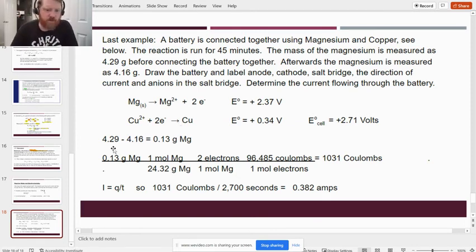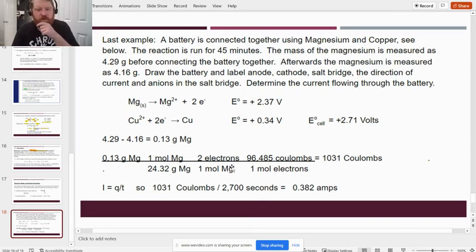So the magnesium goes from 4.29 to 4.14. We lose 0.13 grams of magnesium. We can do a little bit of fun stuff with that. We can say, well, 0.13 grams of magnesium. We know that 1 mole of magnesium is 24.32 grams from the periodic table. We're converting mass to moles.